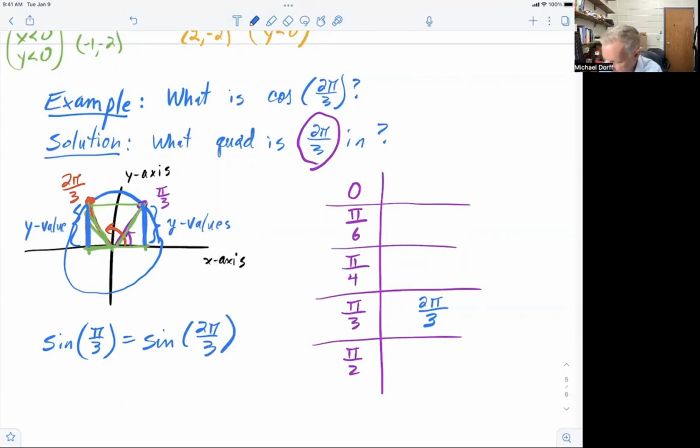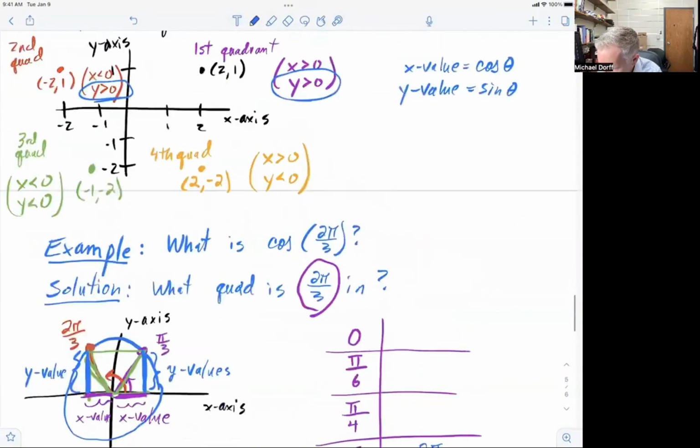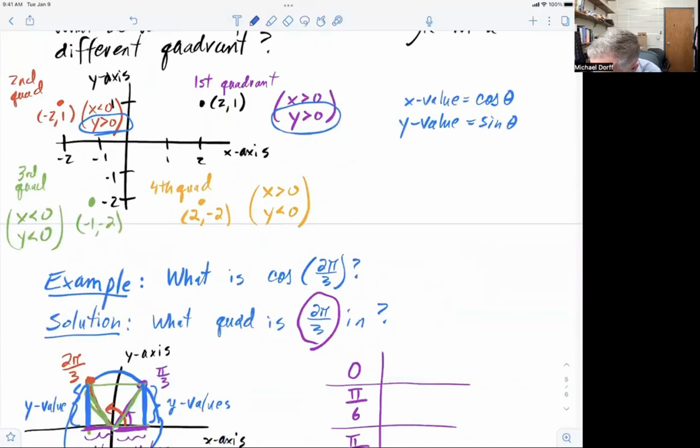They're exactly the same. What about the cosine of pi over 3? Well, that is the base here, that x value there, and for 2 pi over 3, the x value has the same length. Going back, in the first quadrant x is positive, but in the second quadrant x is negative.